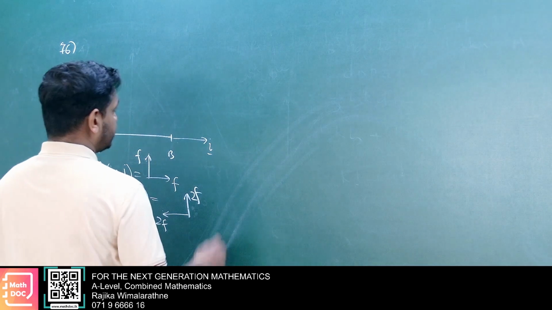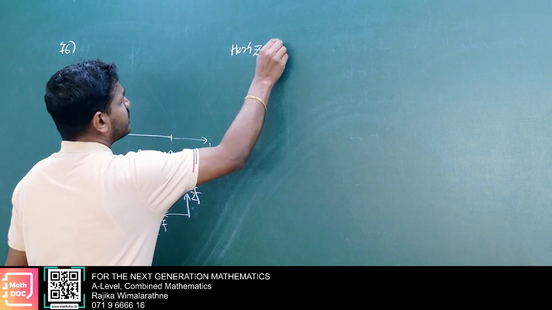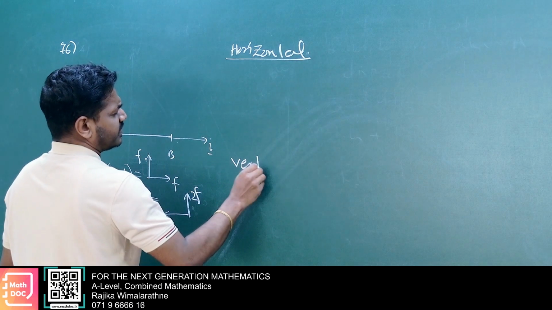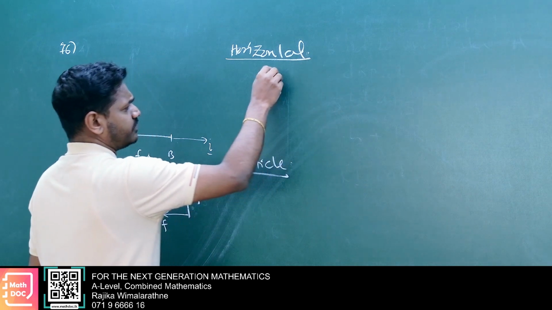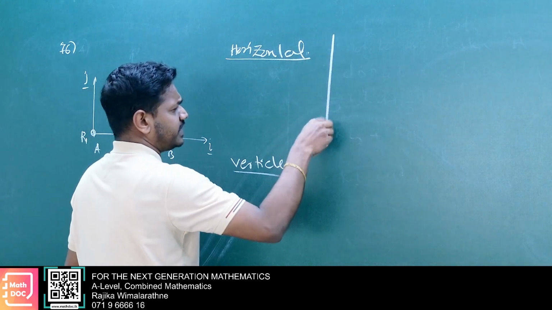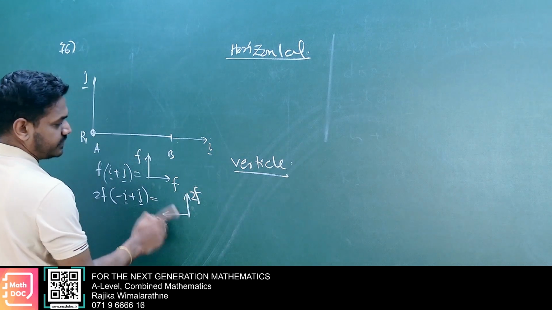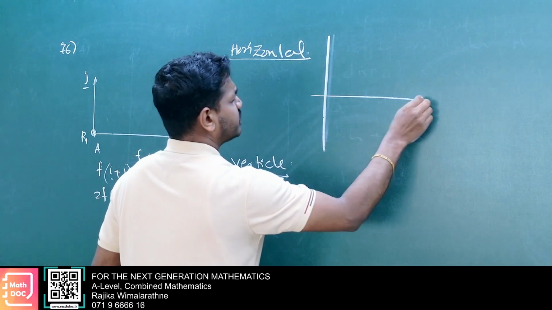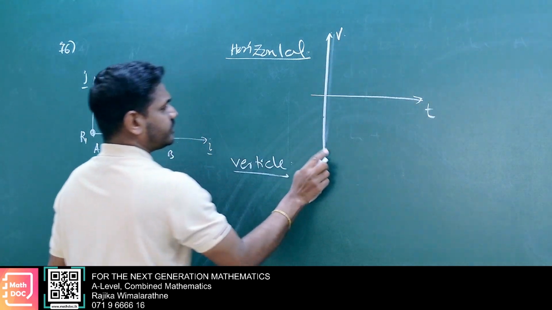Now here we have horizontal and vertical components. So let's sketch this way. Here the horizontal component, we have positive and negative cases. Therefore, the positive case is the first quadrant, the negative case the fourth quadrant.